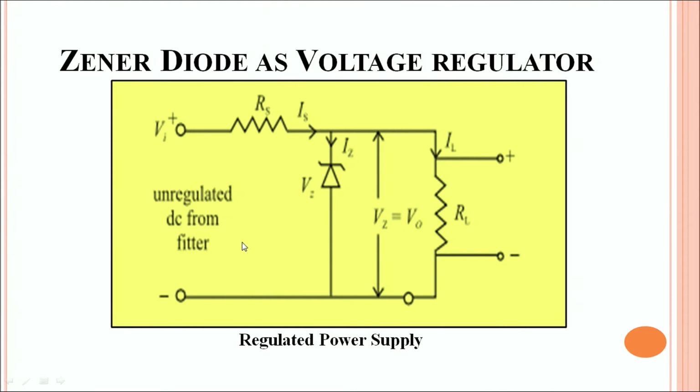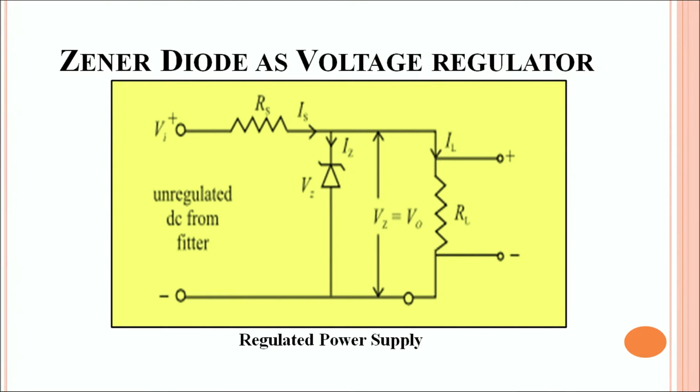We have seen that a full wave rectifier, even though it converts the AC signal into a DC signal, still has ripples. We pass it through the filter, but the output is still not very smooth. Now, we input that current through the Zener diode which is in reverse bias.